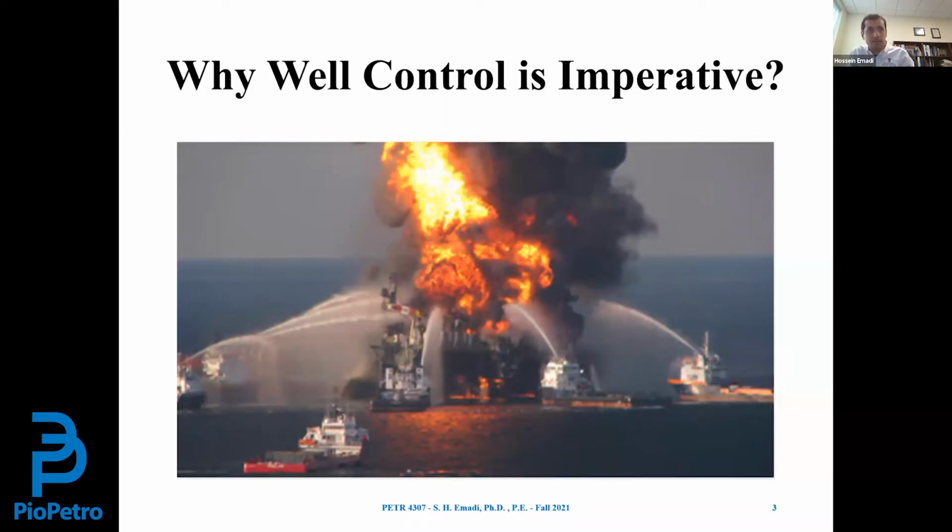It was catastrophic, and if I'm not mistaken, BP had to pay $20 billion fine for the incident, and it was a well-controlled problem. So I think this picture is pretty self-explanatory. It tells us about the size of the damage in the Gulf of Mexico.